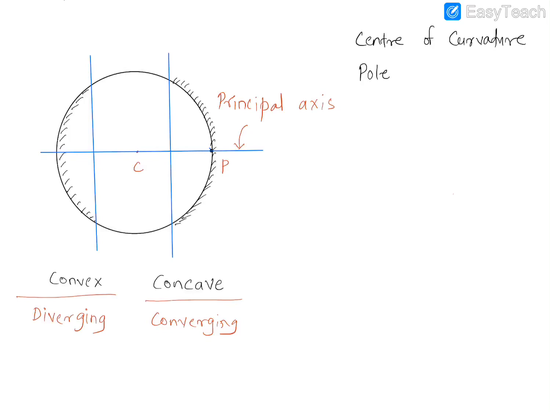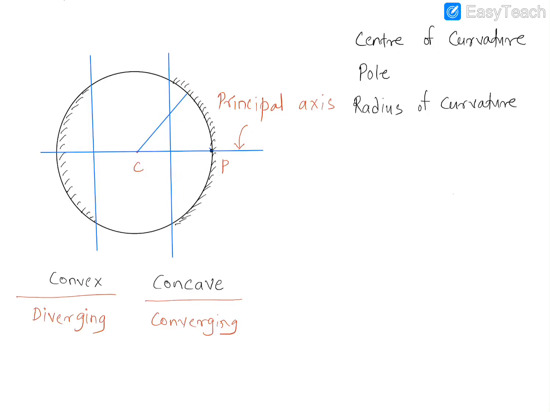Then next thing is, what do you mean by the radius of curvature? So what is the radius of curvature? Radius of curvature is the radius of the sphere. You start from the center and you can take any point on the circumference, anywhere on the circumference.